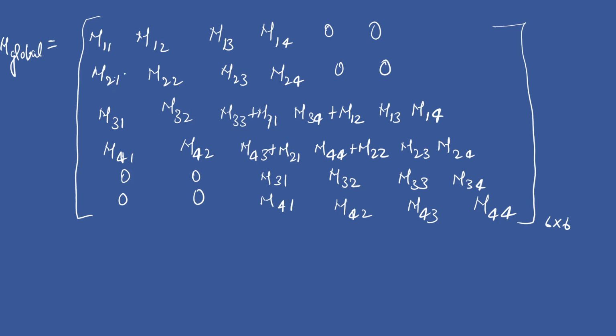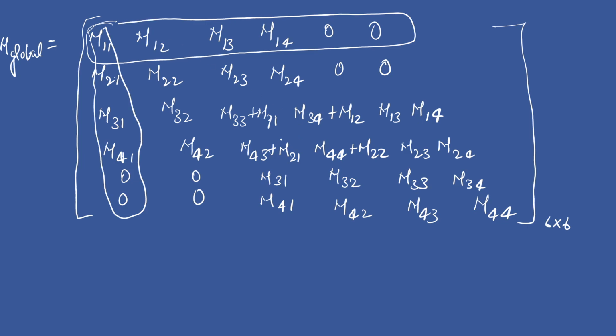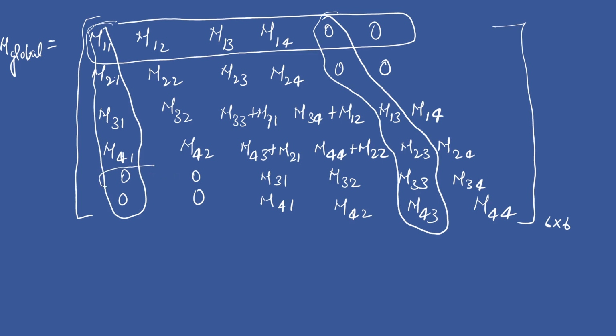Similarly in the mass matrix, you can remove this particular column and this particular row, then you can remove this particular column and this particular row.